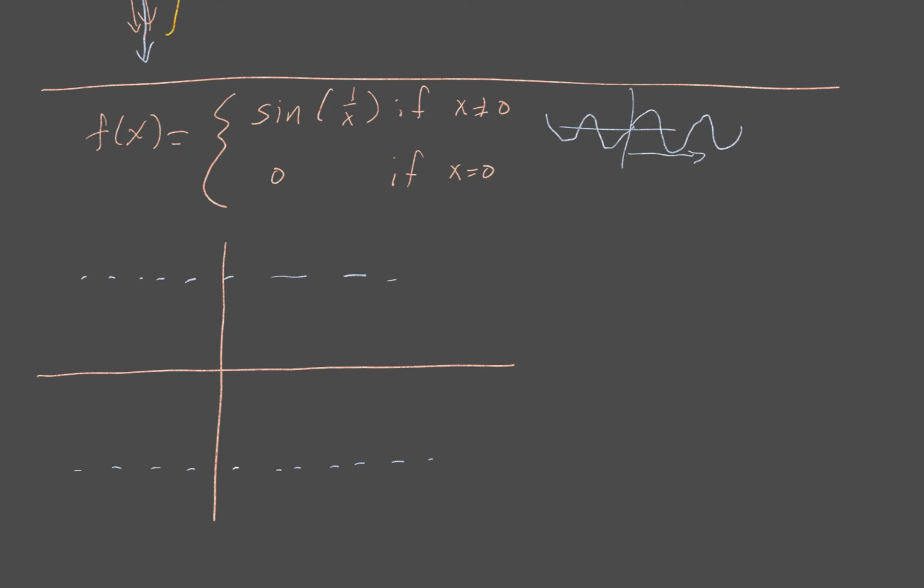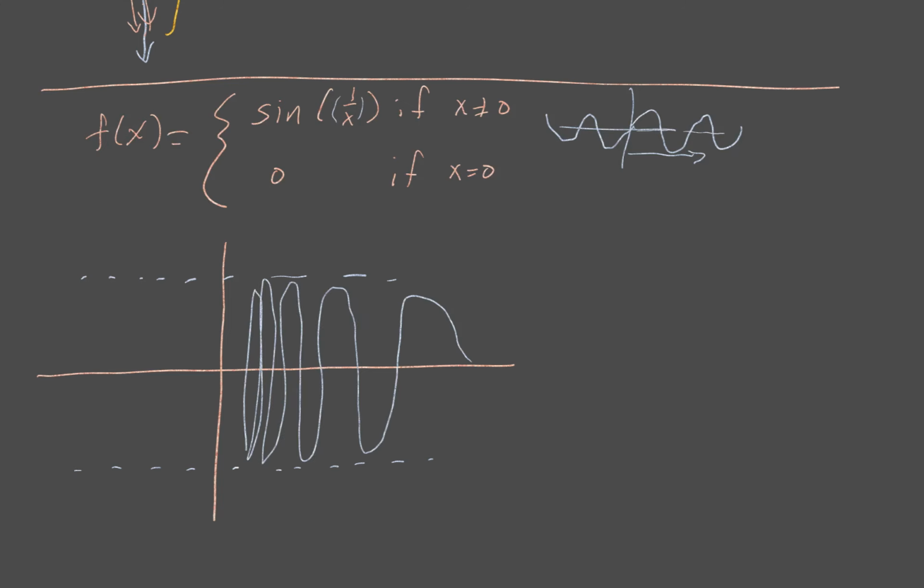Starts at 0, and as I go off towards infinity, it just keeps oscillating. So if I put in smaller and smaller x values, the thing that I'm putting into the sine function is getting bigger and bigger and bigger, right? So as x gets smaller, this thing is going to oscillate faster and faster. So I've got this, and it's going to just start going really, really fast in here. It's pretty much just going straight up and down as I get towards that. And the same thing from this side.